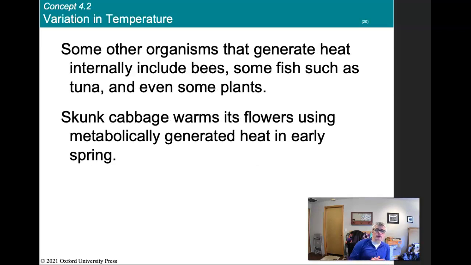And some organisms that generate heat internally include bees and some fish, such as tuna, and even some plants. Skunk cabbage warms its flowers using metabolic heat in the early spring. And so there's some exceptions to this idea of mammals and birds being the primary endotherms.